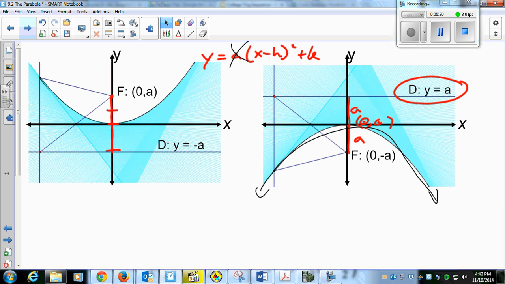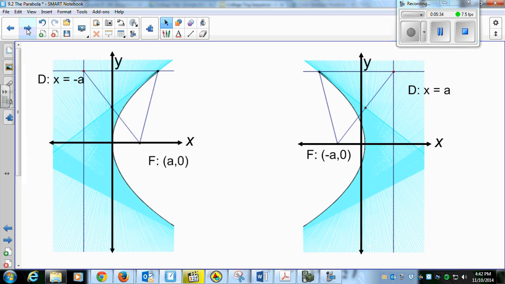This is all well and good for our parabolas up and down, but we also need to talk about parabolas that open to our right and to our left. Remember that, again, if this is a, this is a. Remember, this is switched. This is my x coordinate now, and my y is going to stay on my axis.